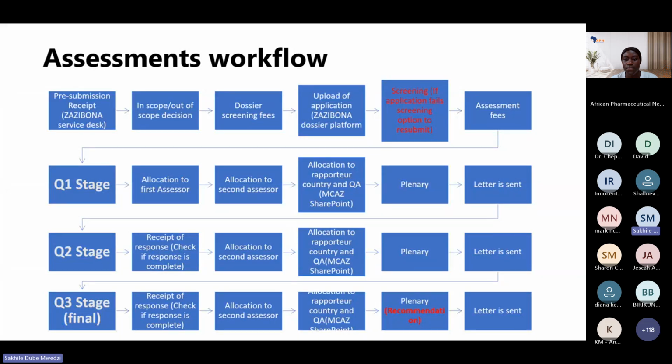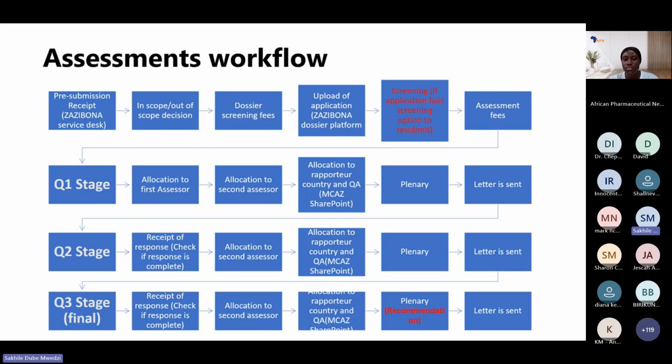And so when you get a letter with that, whether it's an approval or a rejection, the countries themselves are committed to that. And to show their commitment, the heads of agencies also came together and released a joint statement that says that if you come and apply now for registration with a letter of recommendation from ZAZIBONA, you will be able to get approval within 90 days.